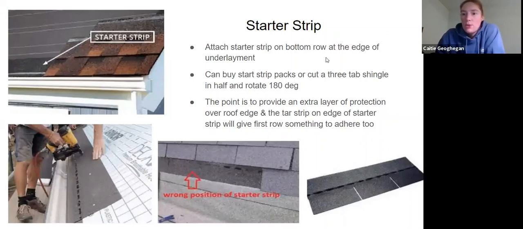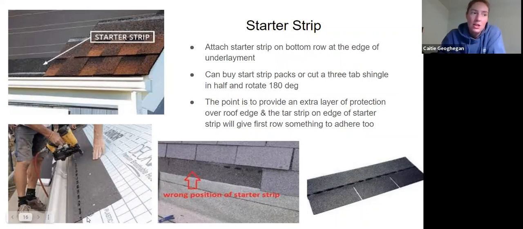So the starter strip, you can buy a bundle of these when you're getting shingles. Also, you can actually use the 3-tab shingles if you just cut this shingle in half lengthwise. This strip, you can use it the same way as a starter strip.